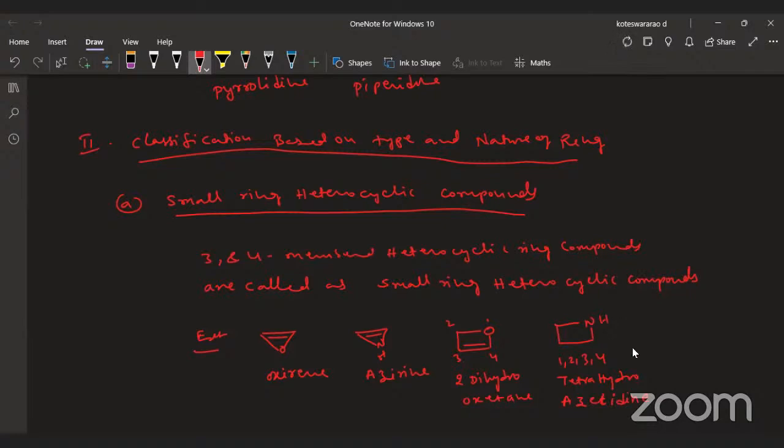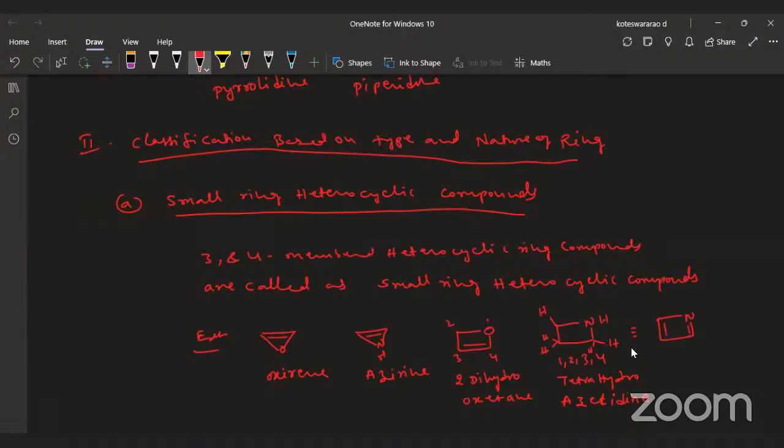Yeah, tell me. In the tetrahydro, there is no... it is a fully saturated molecule. Tetrahydro means here it is there, here it is there. Look here, if you compare with the unsaturated, there is a double bond here.